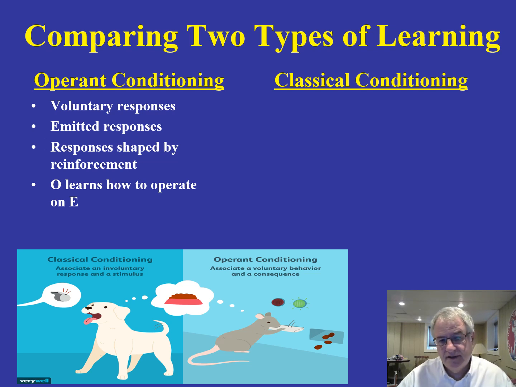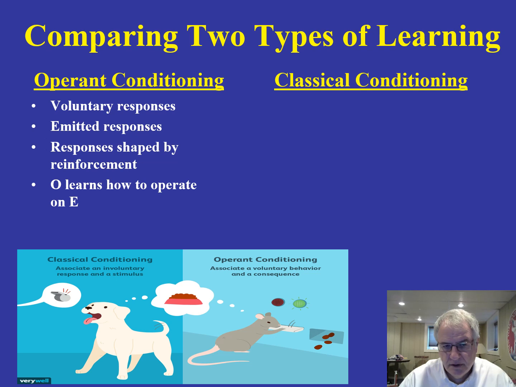If you take a look at the original experiments by Skinner, the organism is learning how to operate on its environment. It knows what voluntary responses are going to be reinforced and which ones are not, and those that are reinforced are now going to be strengthened.